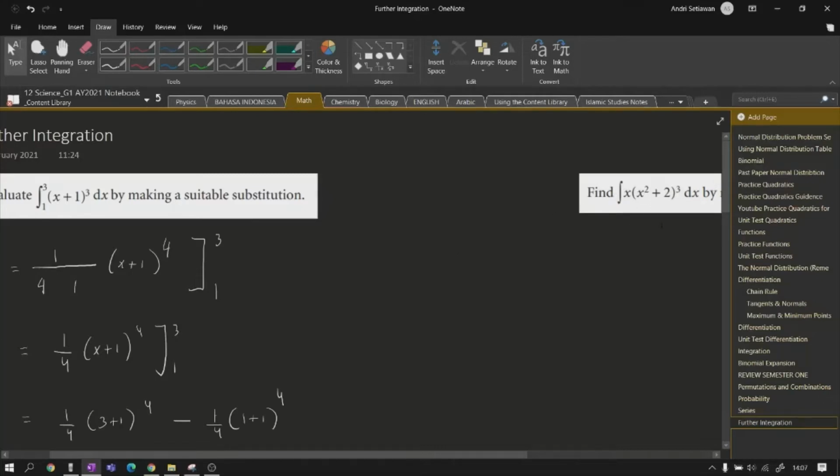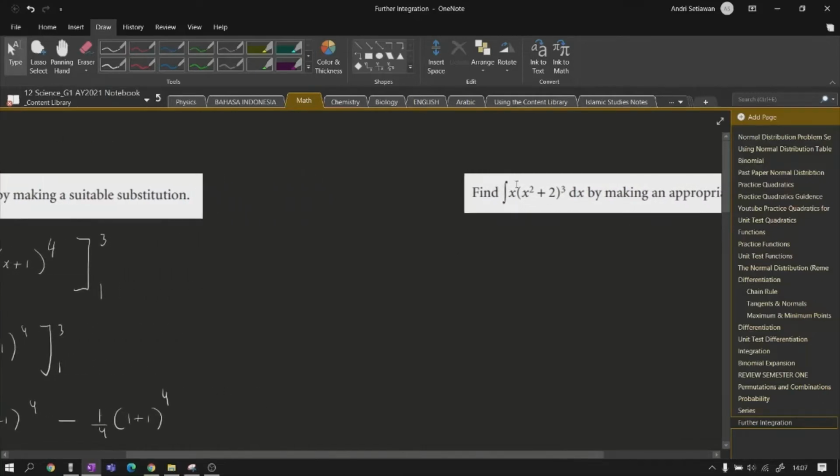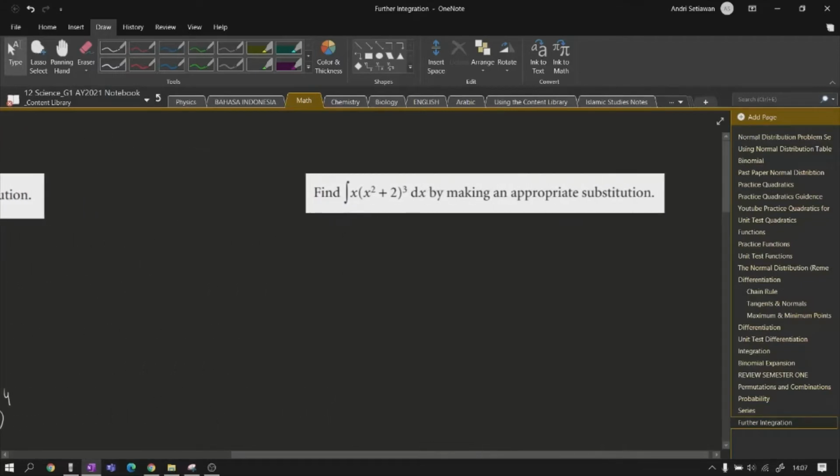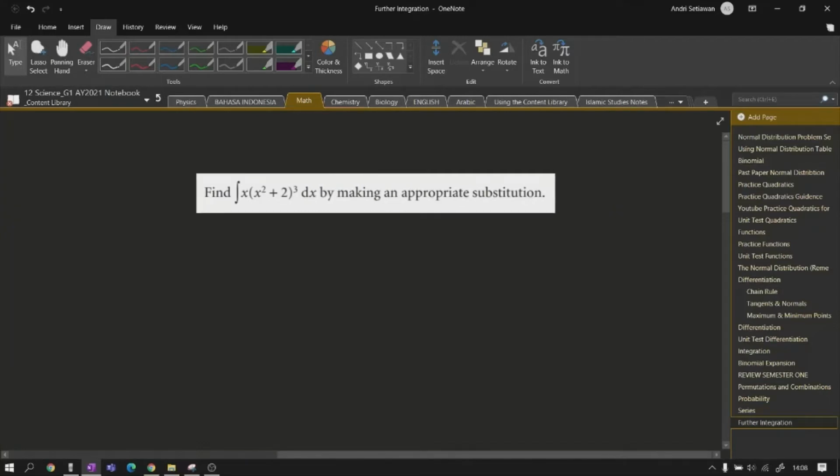In the second example, we meet a variable outside the bracket, so we cannot use the simple rule of integration. So how can we solve this equation? The method is called substitution. How to make a substitution to solve this equation?